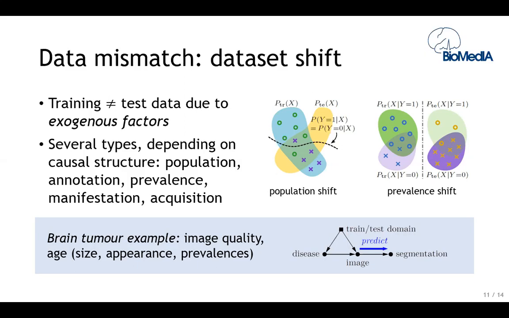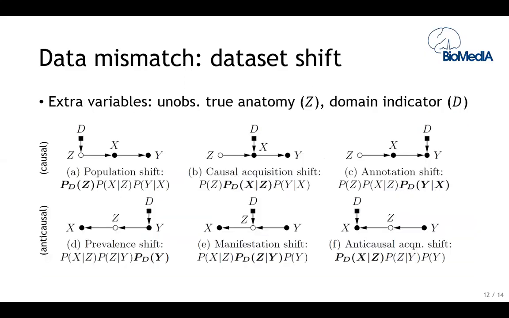And here are some little cartoons to illustrate some of these cases. I won't go into too much detail. It's just to give you a taster of the different familiar types of shift that we could identify if we take into account the causal structure.